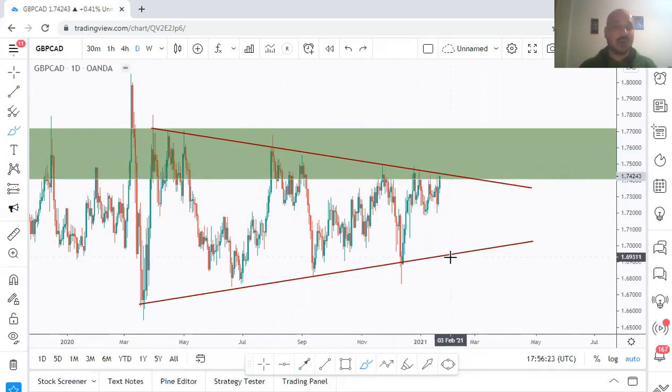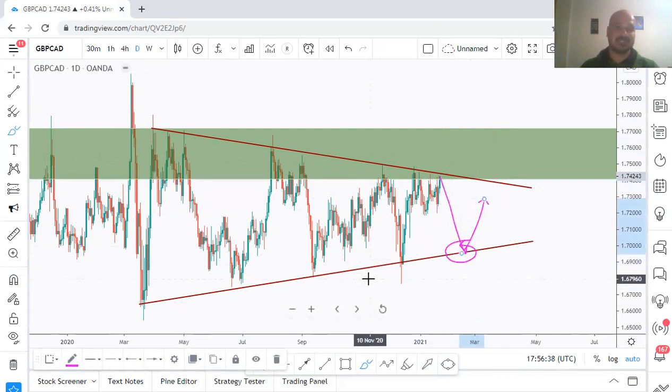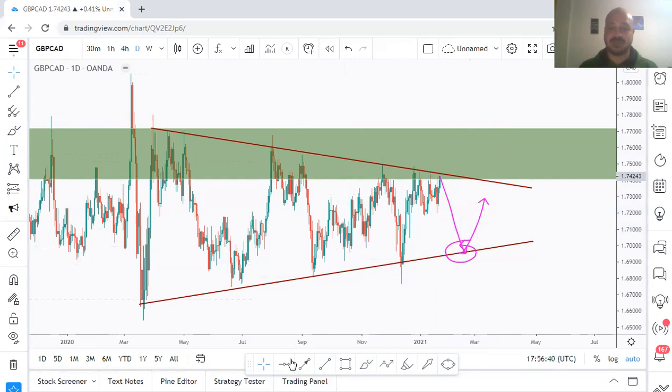Here we go, and we are only interested in buying GBP CAD in two possible scenarios. The first one, if it breaks above this resistance aggressively. The second one is as price approaches our lower brown trend line. Then and only then we'll be looking for buy setups.